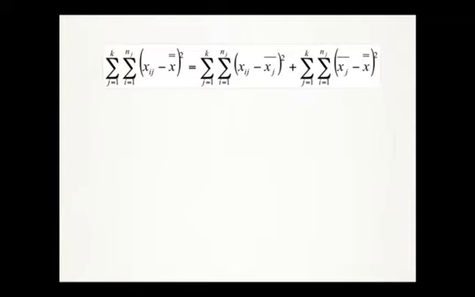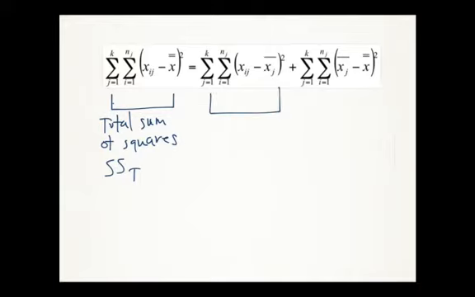Okay, so this part is the total sum of squares, which is sometimes denoted as SST, the sum of squares total. This part is the within group sum of squares.